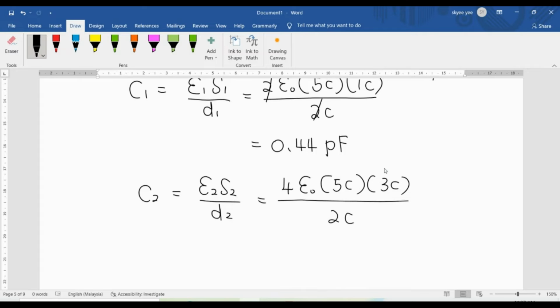You can calculate it. If you want to cancel, you can cancel the 2, which is much more simplified when you press the calculator. So you get 2.66 picofarad.